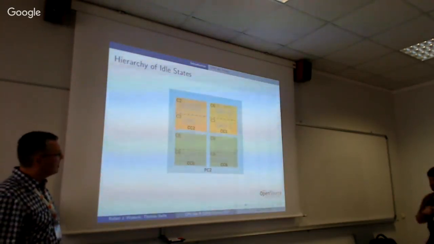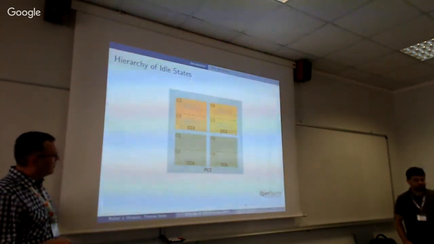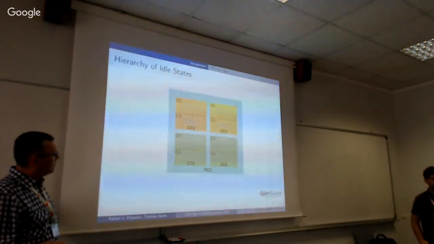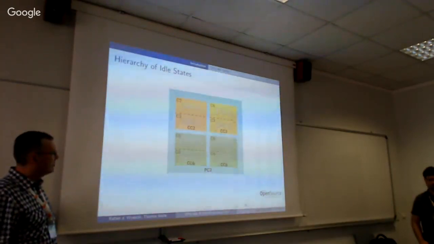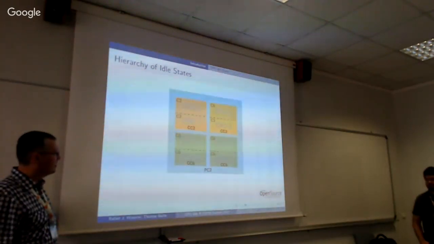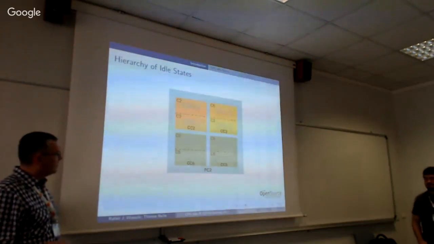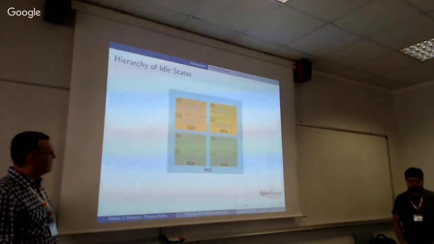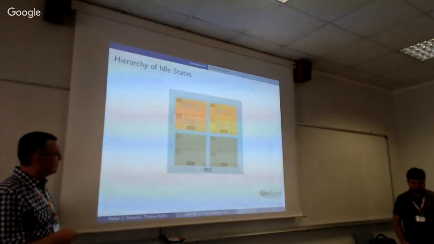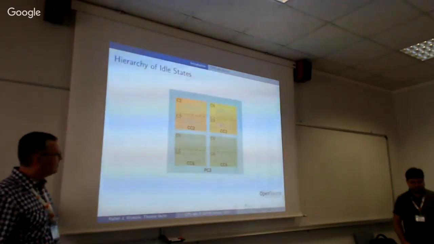And obviously, the package idle states are the ones that allow us to save the most energy, because putting the core itself into an idle state may not give us as much energy savings as doing that for the whole package.